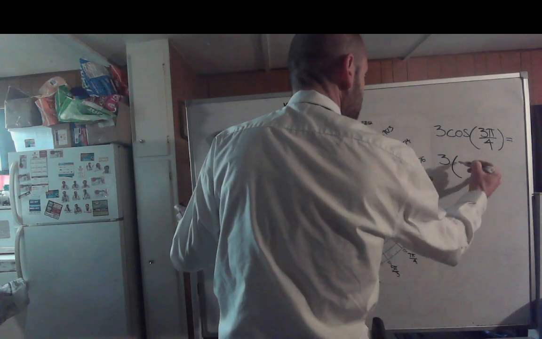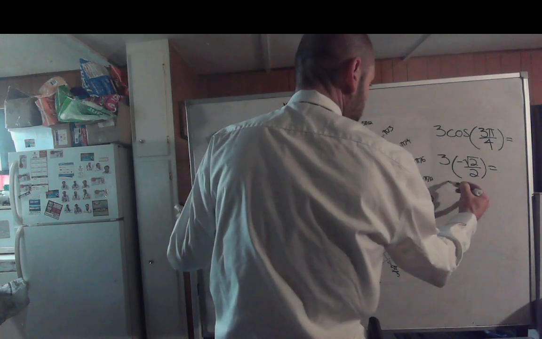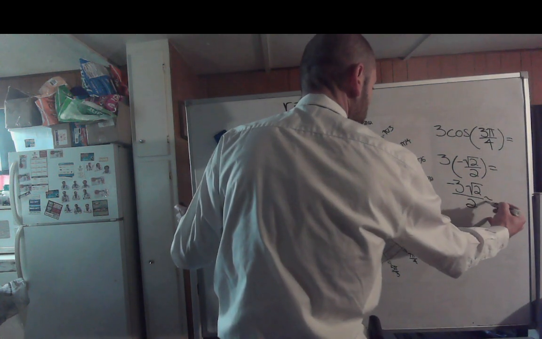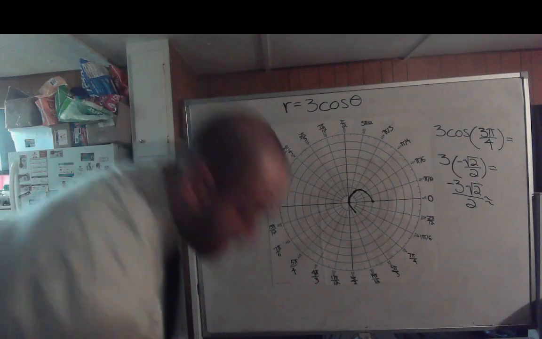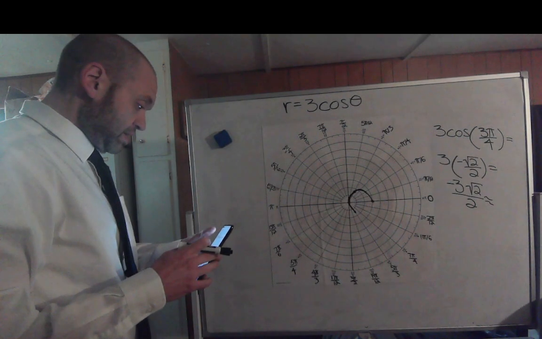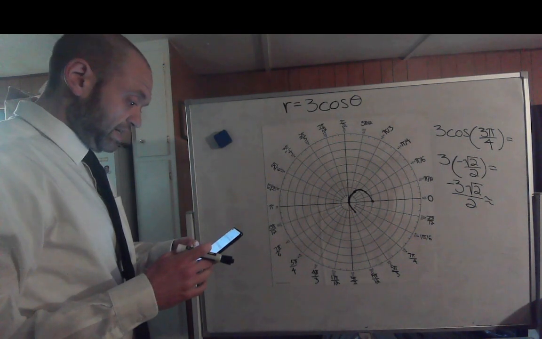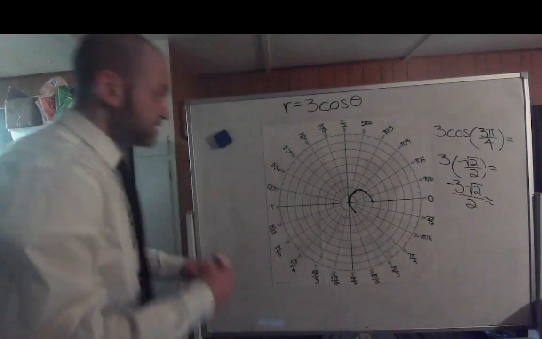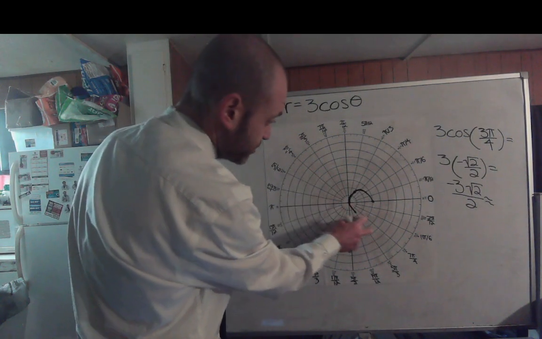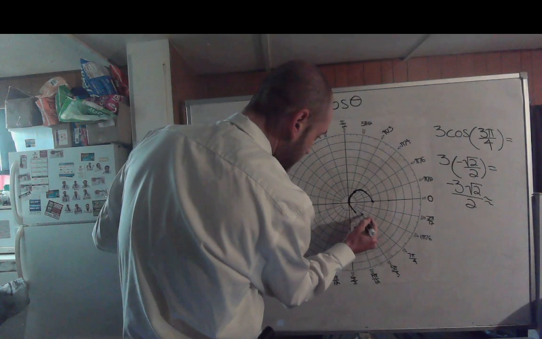So this would be 3 times negative square root of 2 over 2, which would give me, indeed, negative 3 times the square root of 2 over 2, which should give me a decimal approximation here. If I go ahead and do that, that would put me at about negative 2.12. So I'm at 3 pi over 4, but I got to go in the negative direction, which would actually put me at 7 pi over 4. I end up getting about negative 2.12, so about right there.